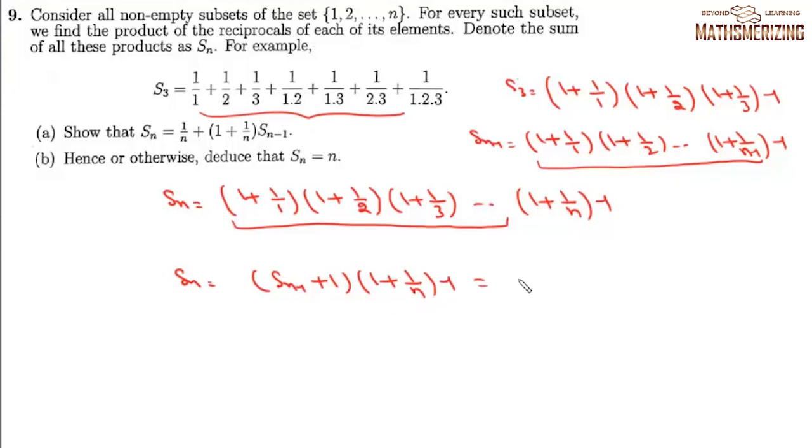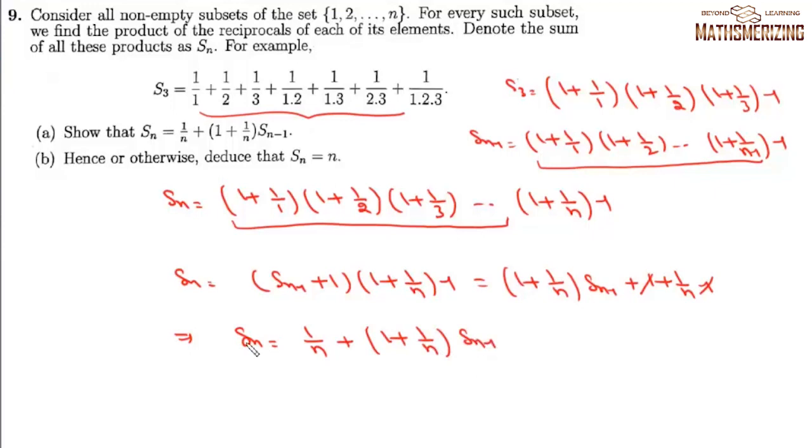Now if we multiply it, we can write Sn−1 plus 1 plus (Sn−1 + 1)/n, minus 1. Now this 1 and 1 will cancel. So from here we can say this Sn will be equal to 1/n plus (1 + 1/n) Sn−1, which is what we need to prove in part A.